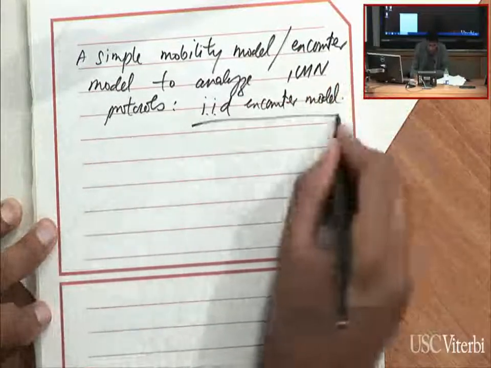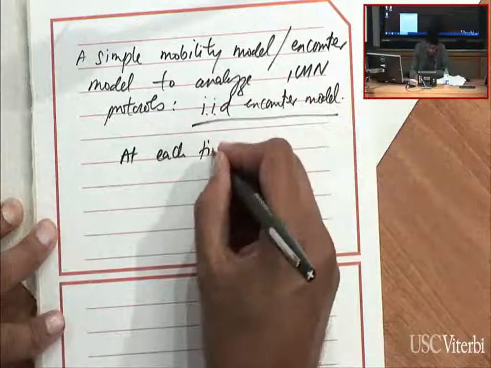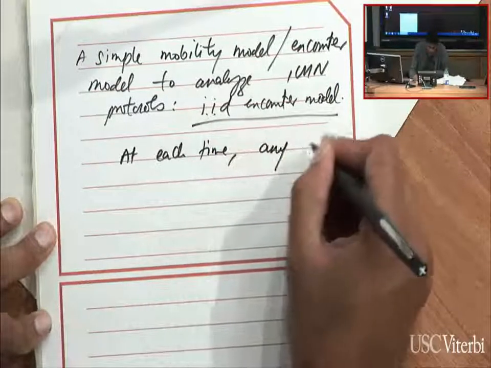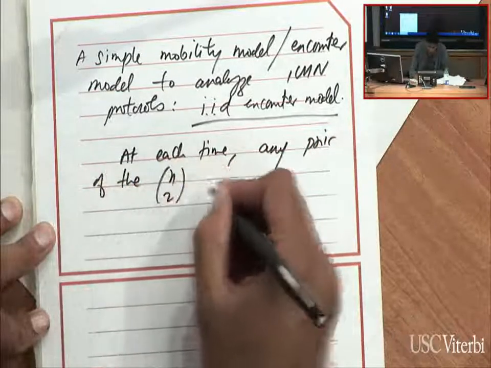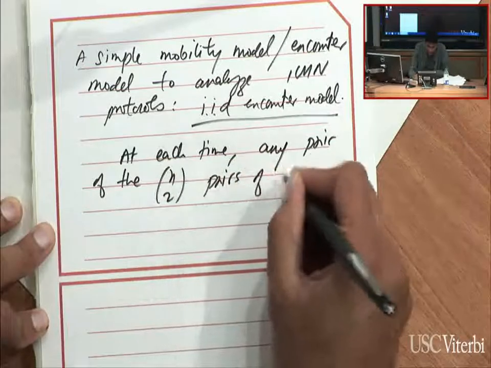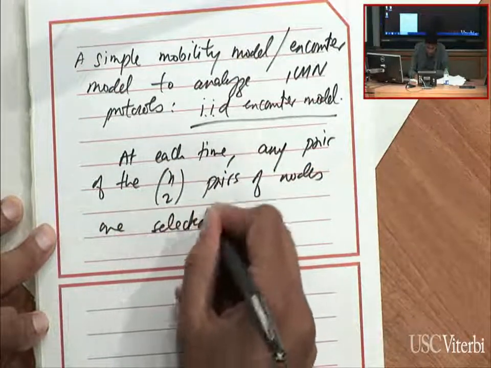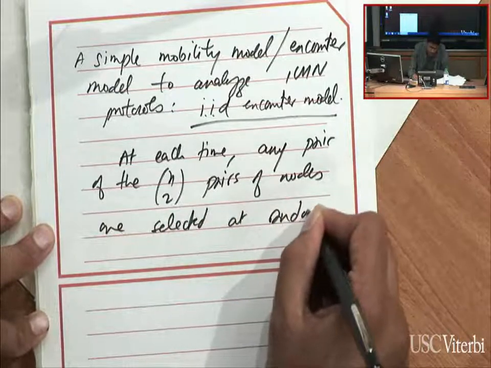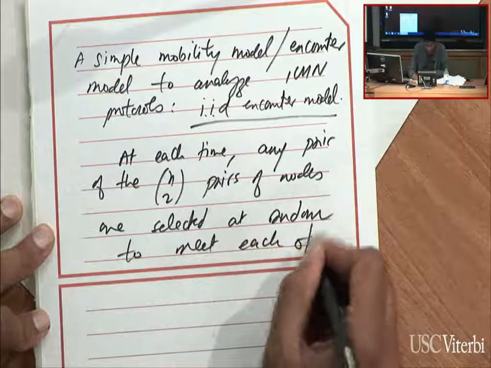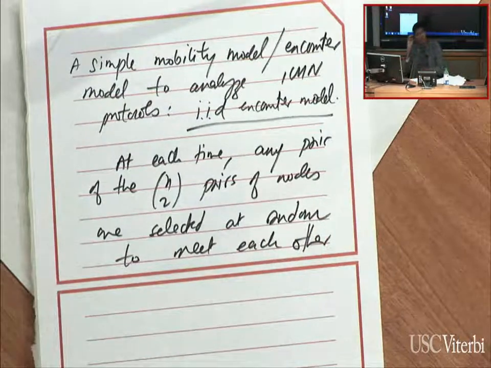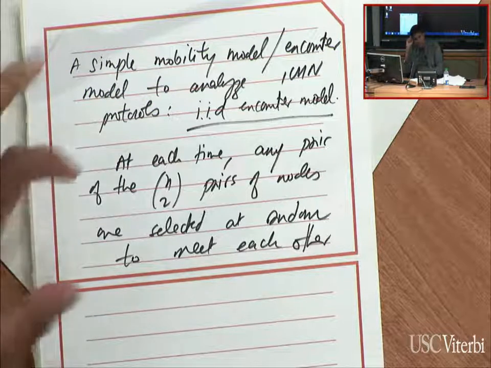The idea of the IID encounter model is that time is discrete, and at each time, any pair of the n choose 2 pairs of nodes is selected at random to meet each other. So there's only one contact at each time. The contact is between a random pair of nodes. Okay? And it turns out that this model is powerful.